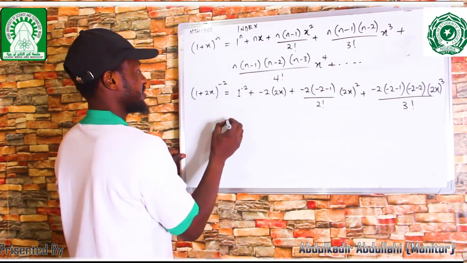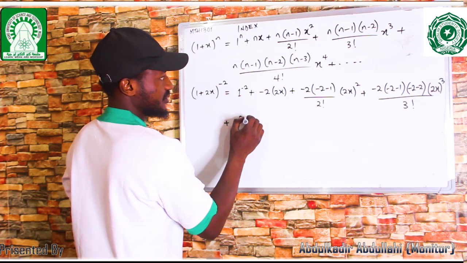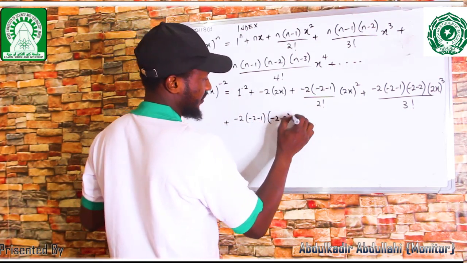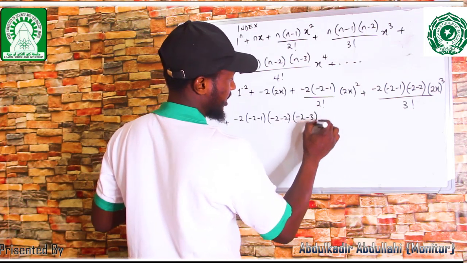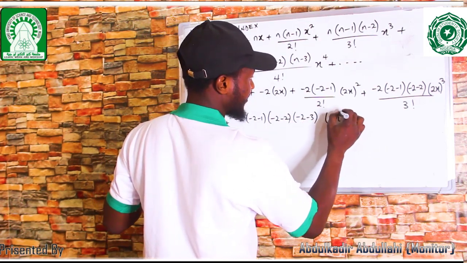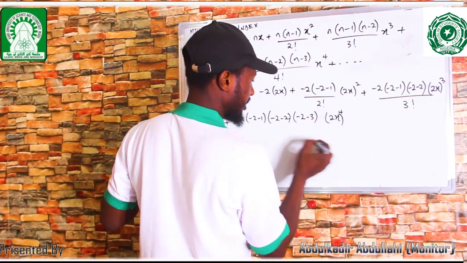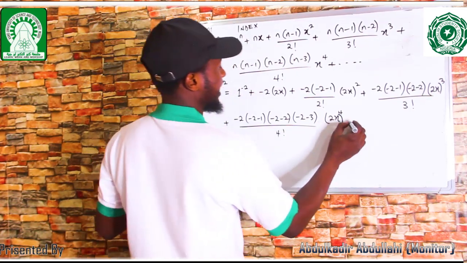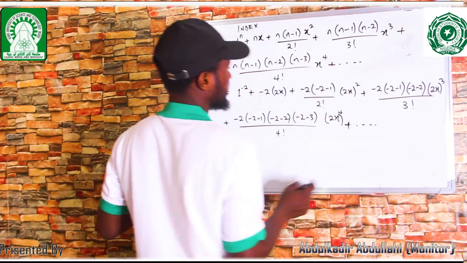I can even add one more, plus minus 2 into minus 2 minus 1, minus 2 minus 2, minus 2 minus 3, 2x power 4 all over 4 factorial. So I can stop here.